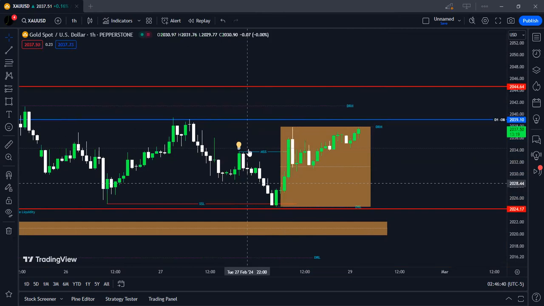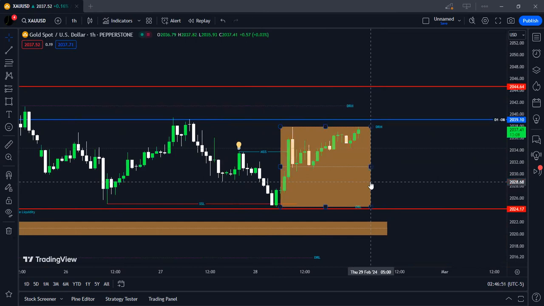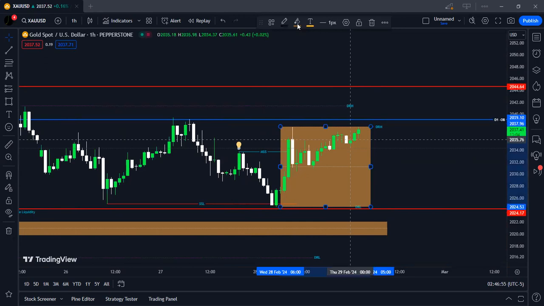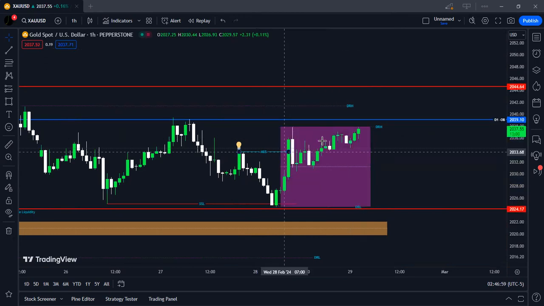So market structure shift, this higher high is a dealing range high. So we are focused right in here. This is where we are focused today. Inside this price action, this is where we will hunt for entries.